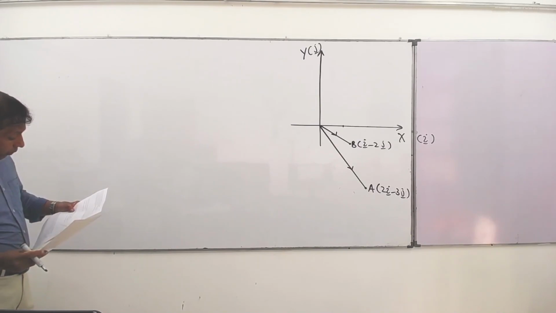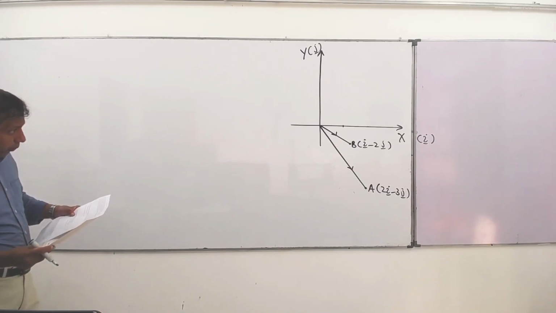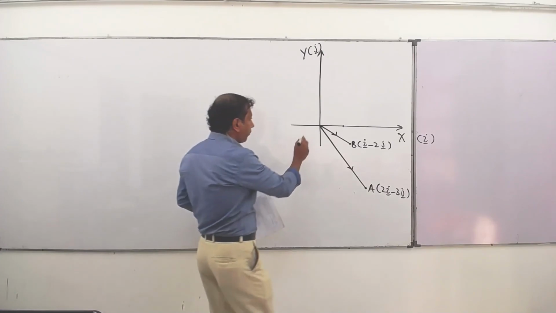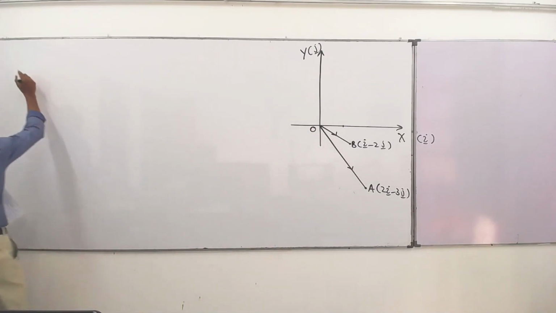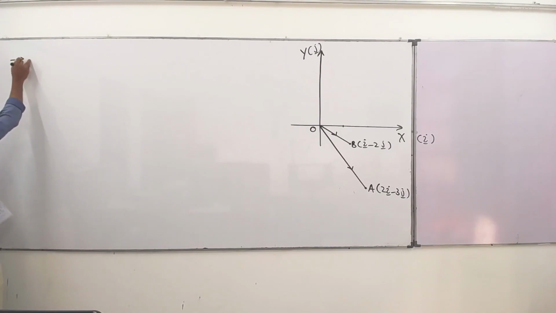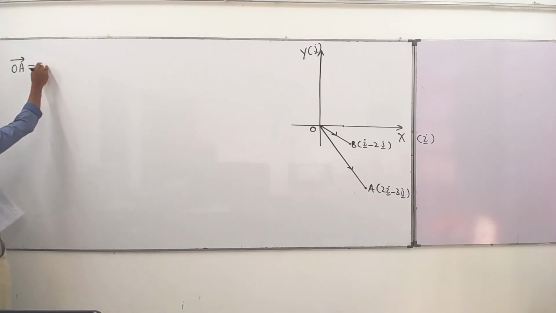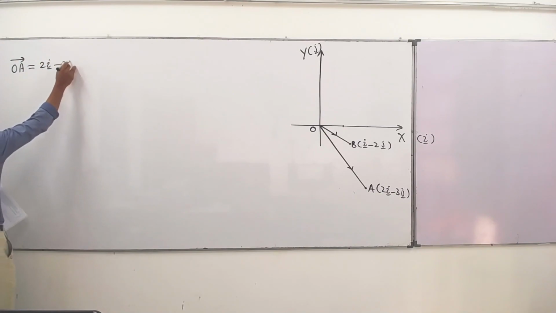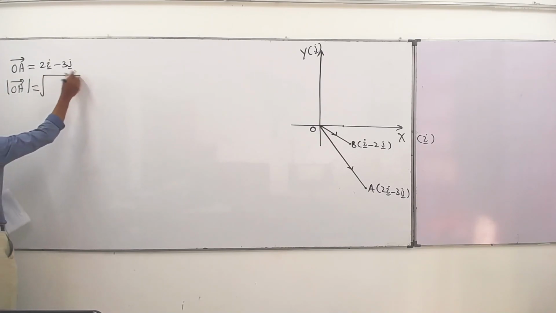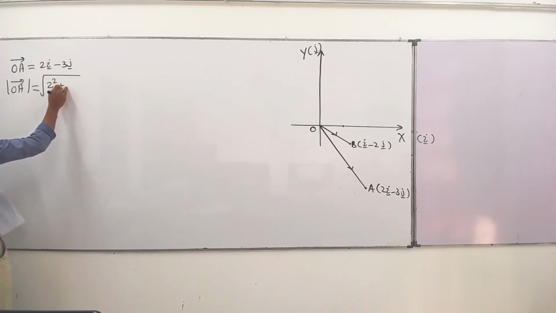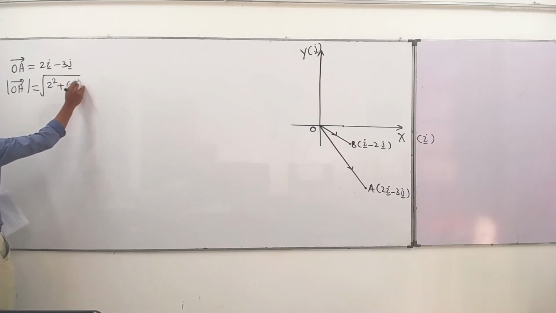Considering AO dot AB, find angle OAB. O is the origin. OA vector is 2i minus 3j. OA vector modulus is the square root of i coefficient squared plus j coefficient squared.